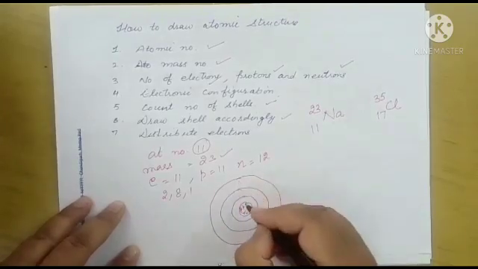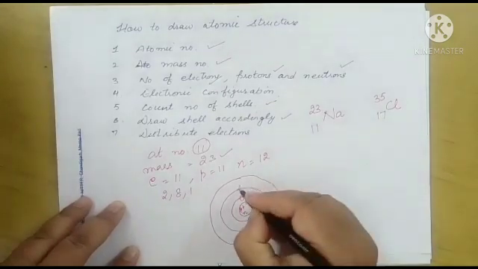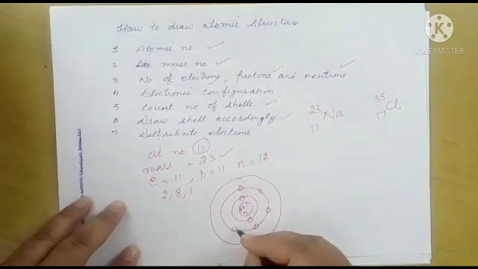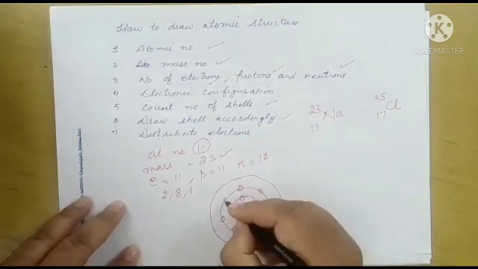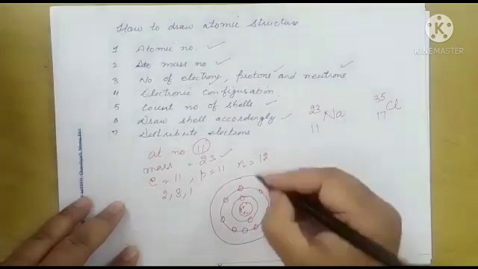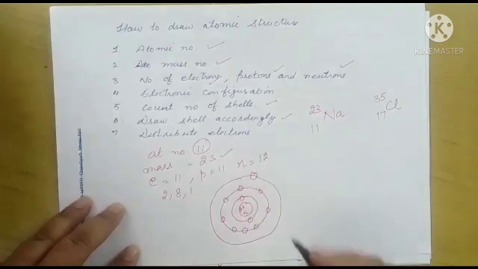In the first shell, 2 electrons; in the second shell, the number of electrons is 8. And in the last shell, the outermost shell, the number of electrons is 1. This is the atomic structure of sodium.